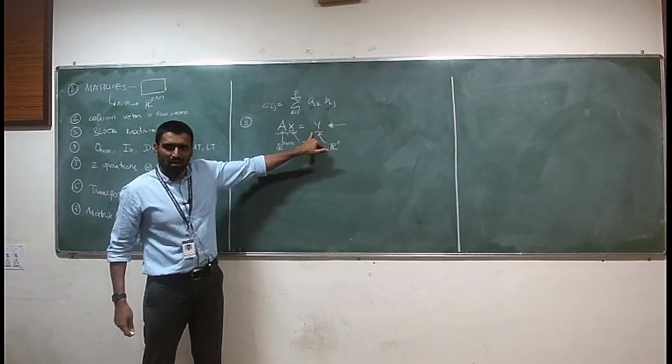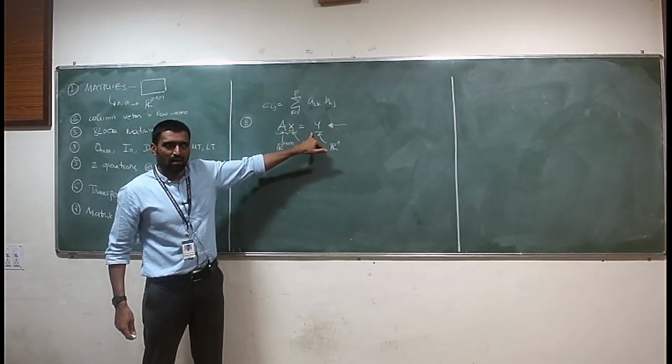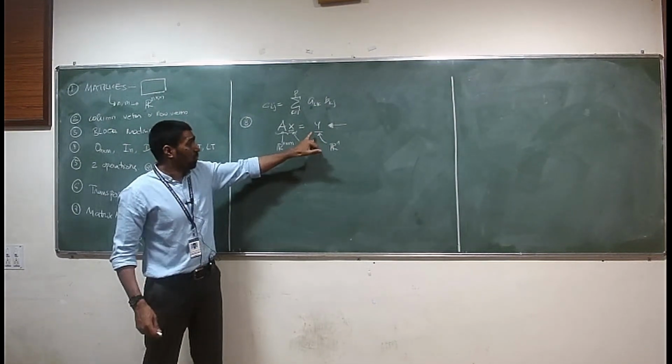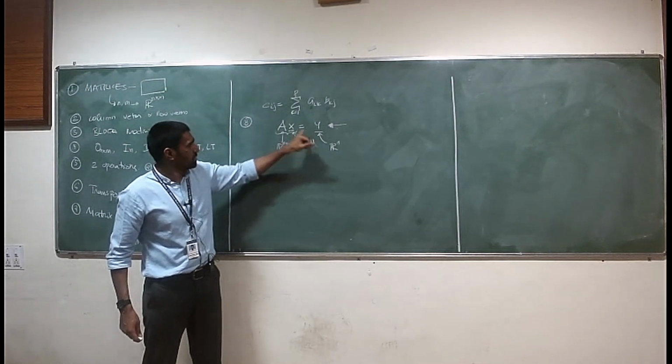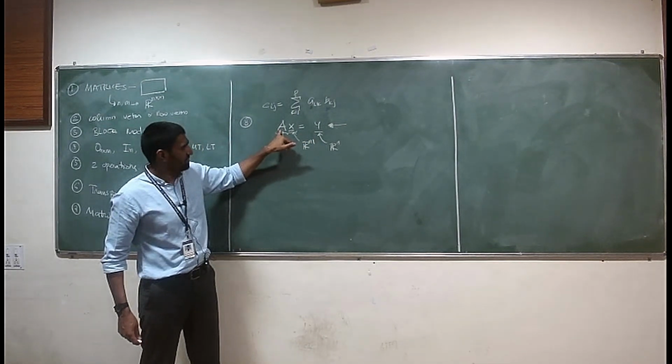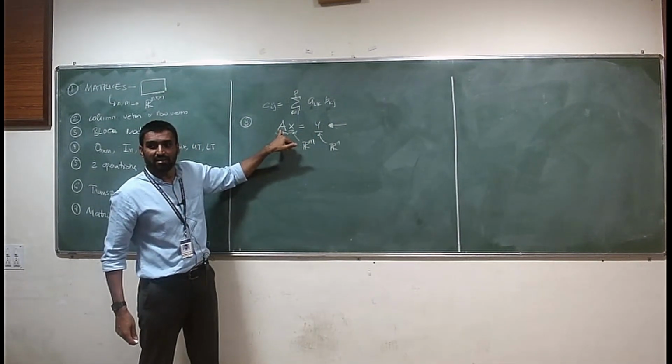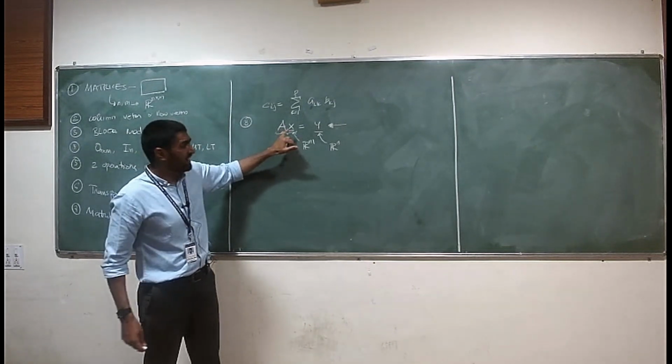What can you say? Right, y is a linear combination of the columns of A.